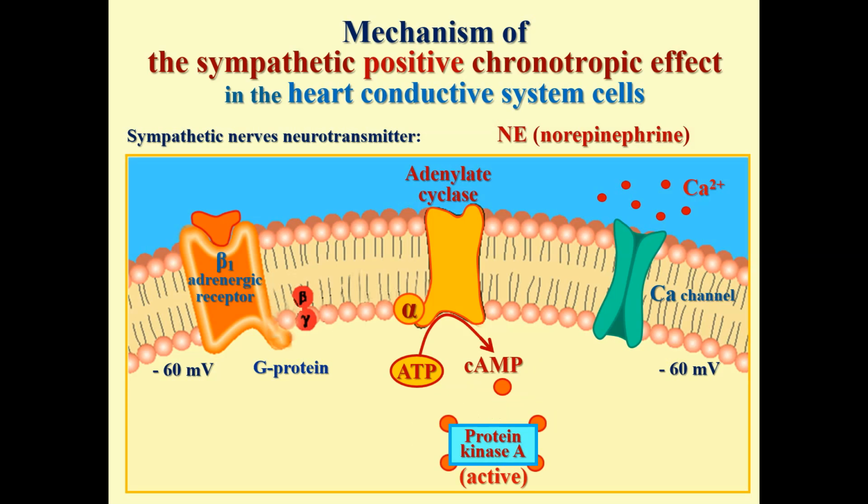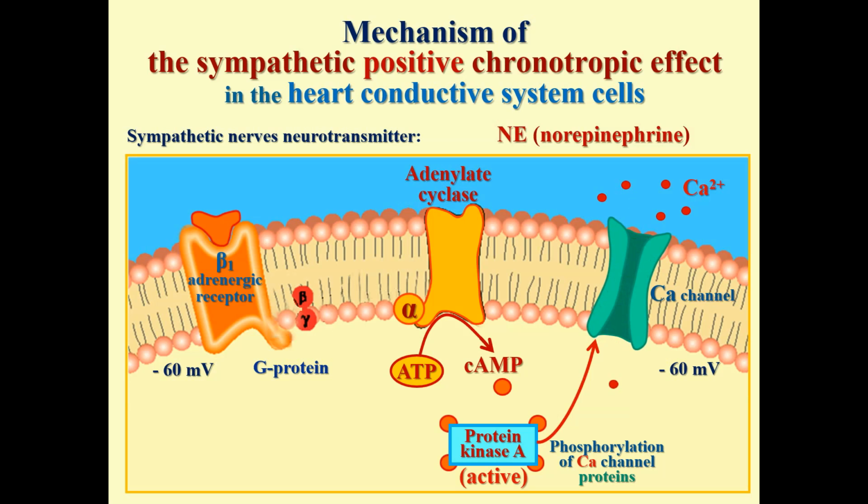And what does it phosphorylate? It phosphorylates the proteins that make the walls of the calcium channels. And after such phosphorylation, the calcium channels open, additionally to the usual number of open channels. And you see, opening immediately provides additional entry of calcium. When calcium enters the conductive system cell, it's not participating in contraction greatly, because if you remember, these cells do not have much myosin or actin.